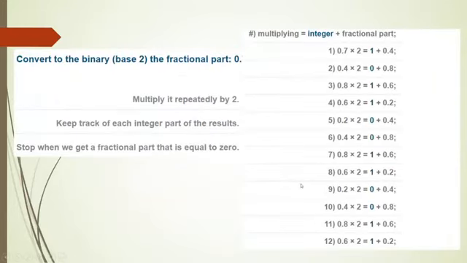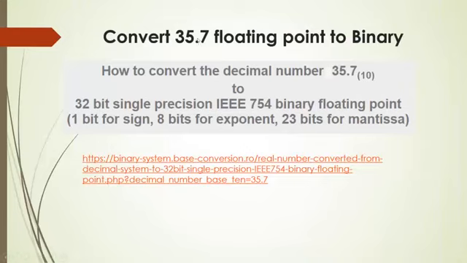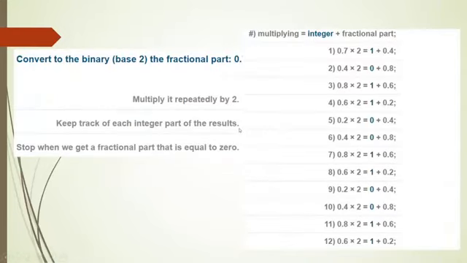Let us go into the conversion of the decimal part. The decimal part is 0.7. 0.7 into 2 is equal to 1.4. Simply extract the 1 here, and after extracting the 1, the remaining is 0.4. 0.4 into 2 is 0.8.